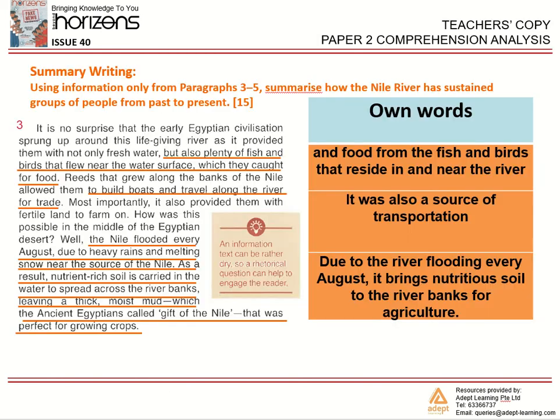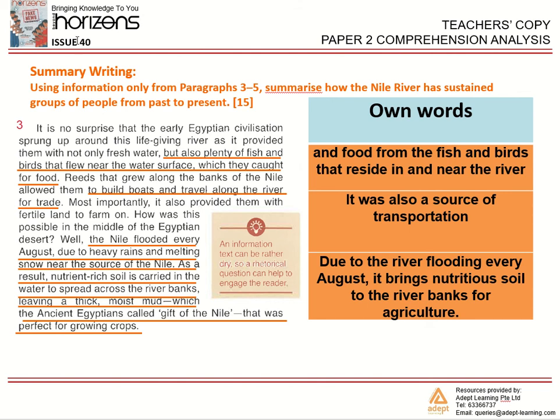Now the next part is summary writing. I have underlined some of the answers already very quickly. Using information only from paragraph 3 to 5, summarize how the Nile has sustained groups of people from past to present. So how tells you that it is the ways that the Nile River has sustained groups of people from past to present. As you can see, you should read through paragraph 3.